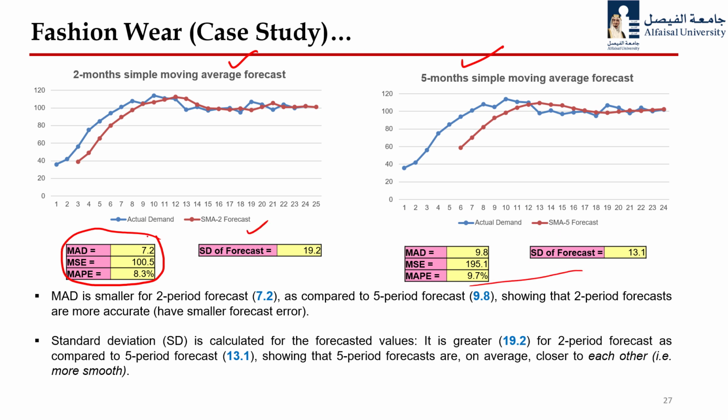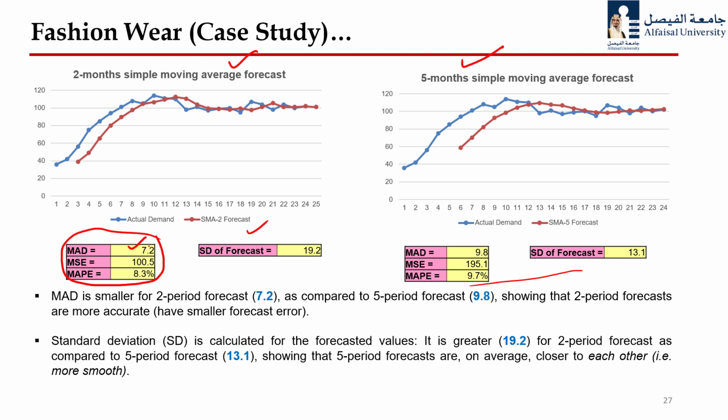If we compare the measures of forecast accuracy, whether the 2 months or the 5 months moving average is better for this data set, we compare which method produces lesser mean absolute deviation and lesser mean square error.